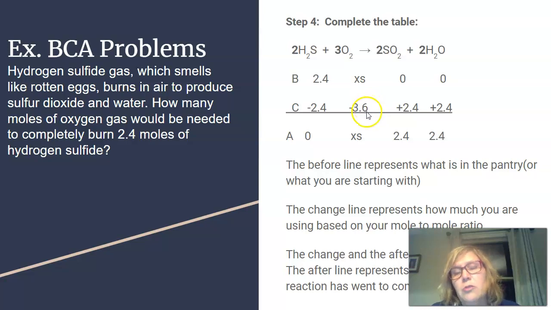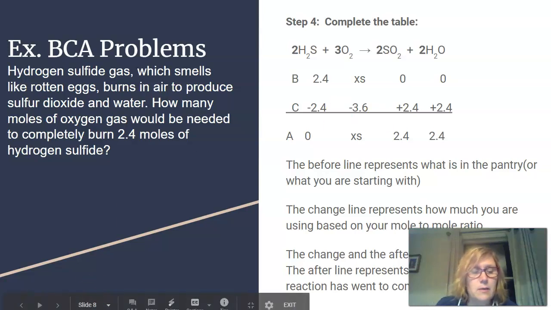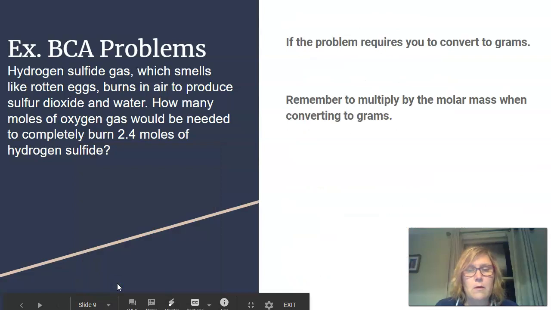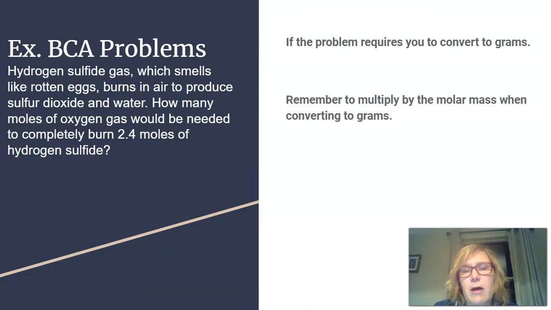In order to convert from moles of O2 to grams of O2, you are going to multiply by 32 grams in order to give you the correct answer for that. So that's what this slide is about. If the problem requires you to convert to grams, remember to multiply by the molar mass when converting to grams.